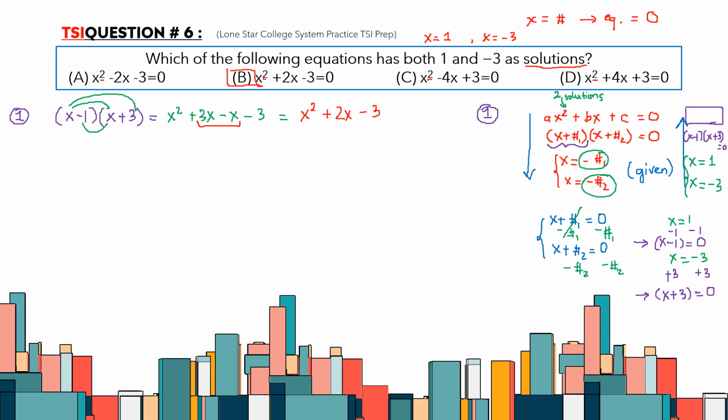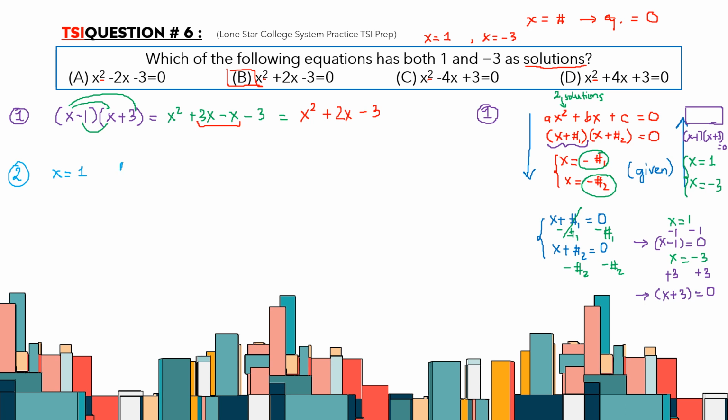But we can have a second method. It is faster when we do multiple choice and we don't remember how to work backwards like method 1. So what we do is consider x equals 1. In method number 2, we plug x equals 1 into A, B, C, and D to check.